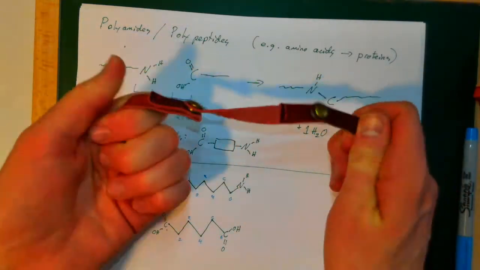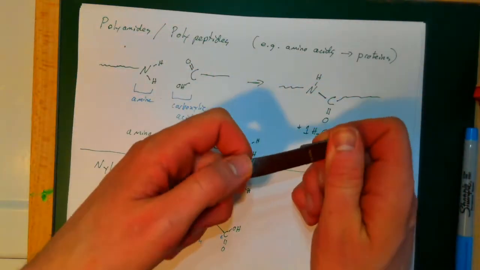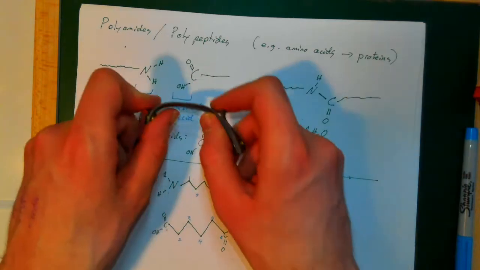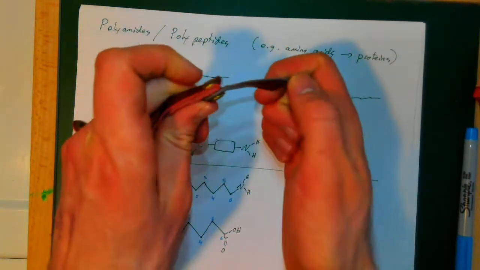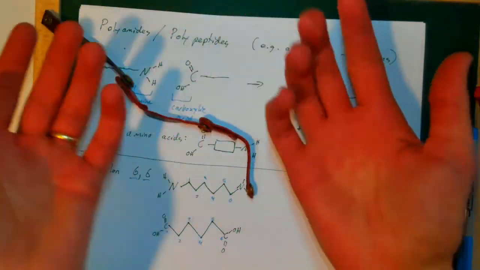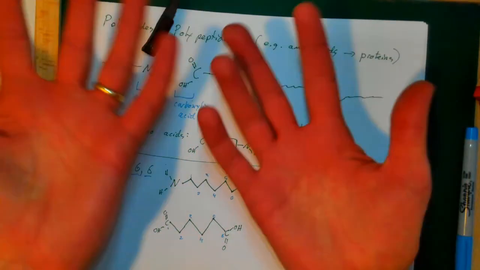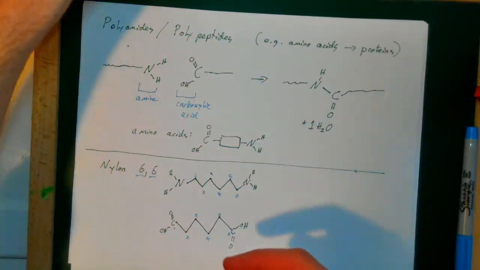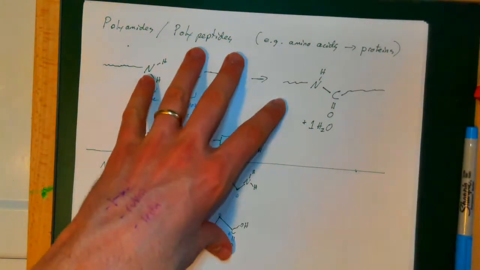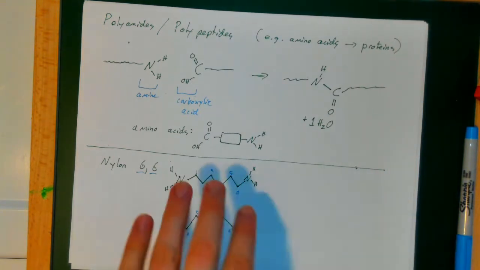These little straps are made of leather, and leather is mostly collagen, and collagen is a polypeptide. So here's a polyamide right here. And actually, I didn't even really need to bring this out as an example. What you're looking at, my hands right now, are full of polypeptides. So there we have it.